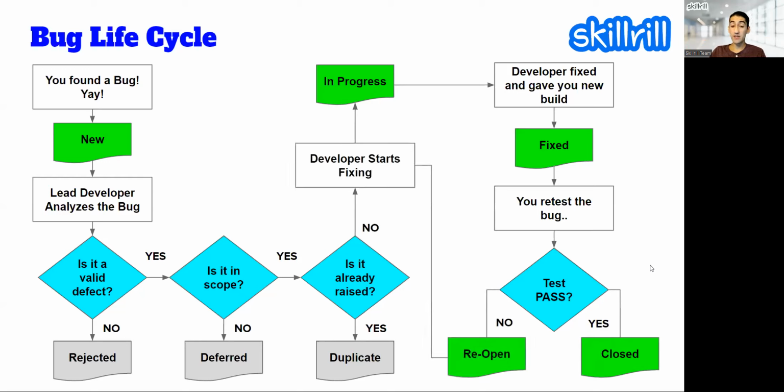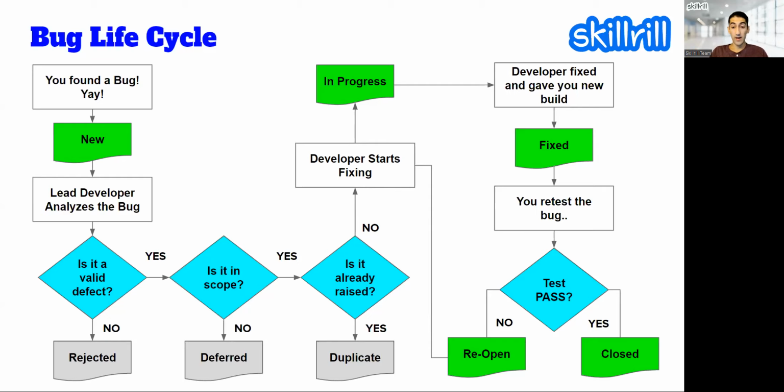If your test case failed again, then the status will be reopened. That happens from time to time, mostly due to communication issues between the developers and testers, and it could also be environment issues or deployment issues as well. So there are many different potential root causes for why a defect gets reopened.